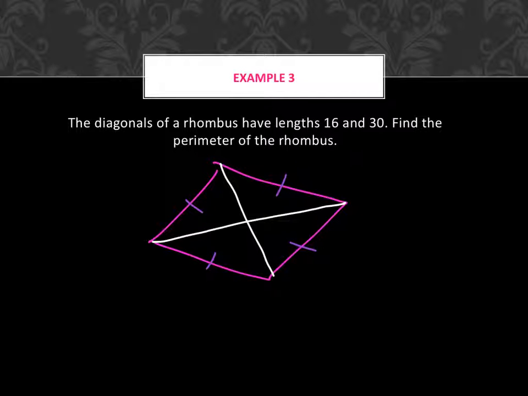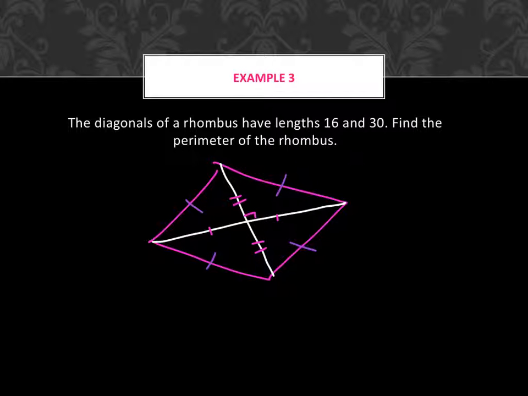So what you know about where the diagonals crisscross is that they cut the diagonals into 2 equal parts. So this one's going to equal this one, and this one's going to equal this one. And there's a right angle. So you've basically formed 4 right triangles.